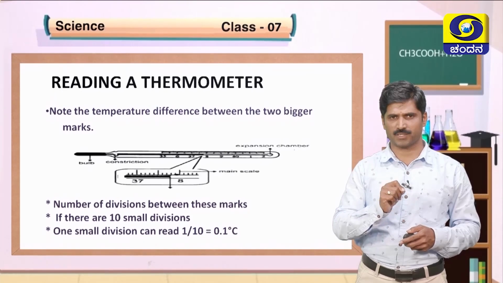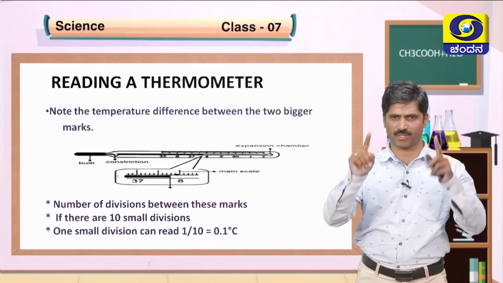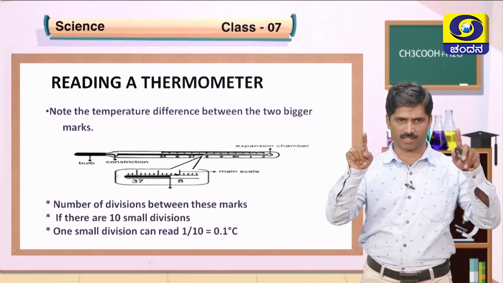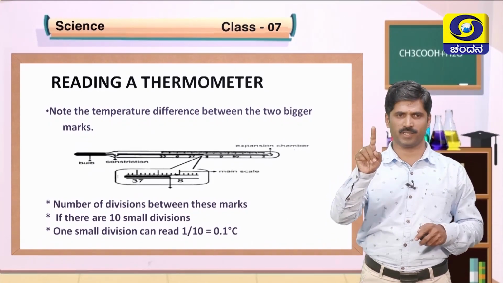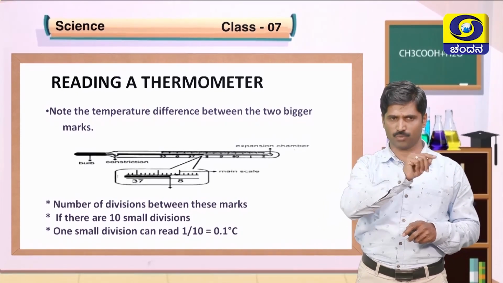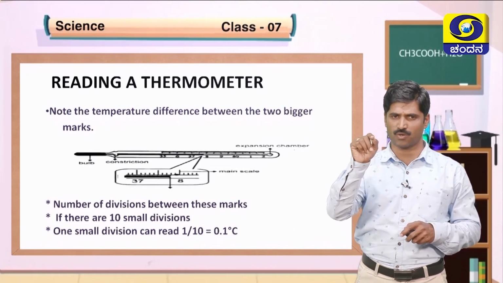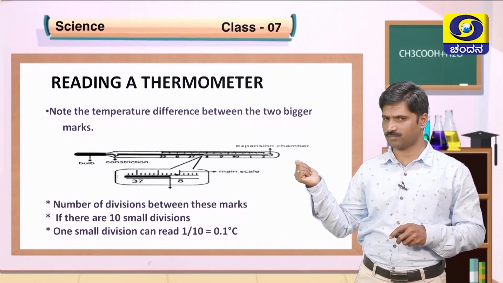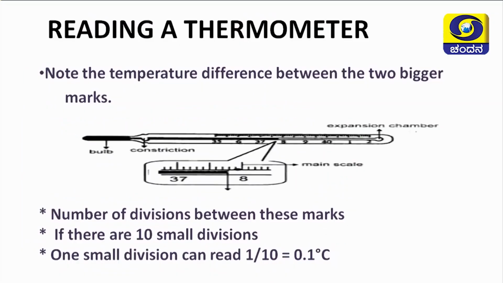How to read a thermometer? Note the temperature difference between the two bigger marks. In this picture, you can see two bigger marks indicating 1 degree Celsius. Then note down the number of small divisions. In this picture, you can see there are 10 small divisions. So, one small division can read 1 degree Celsius divided by 10 small divisions. So, it is 0.1 degree Celsius.